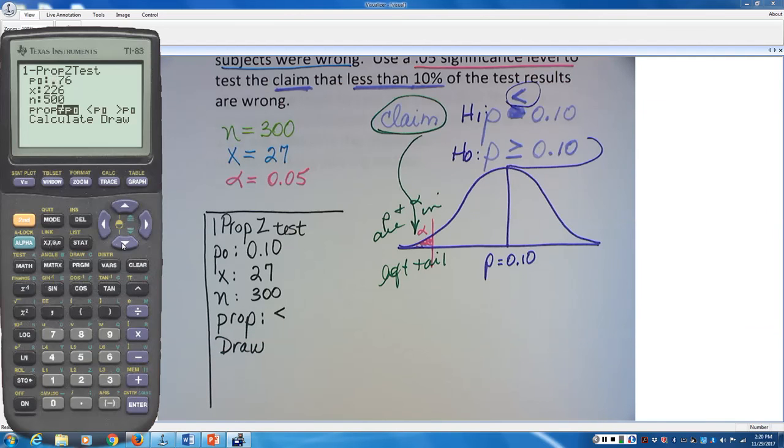Now before I fill in and draw, if we didn't do this test, what proportion of the sample had false results?